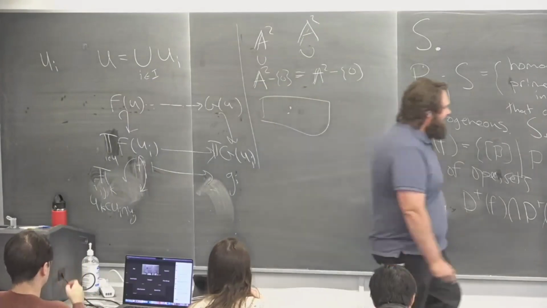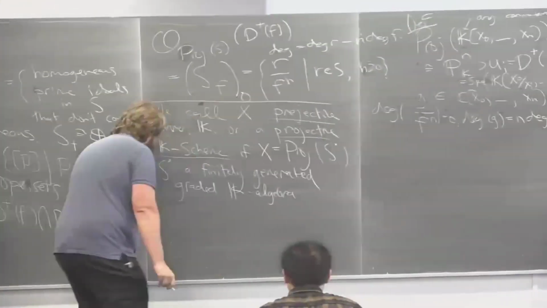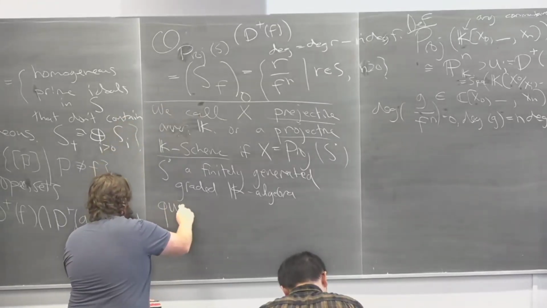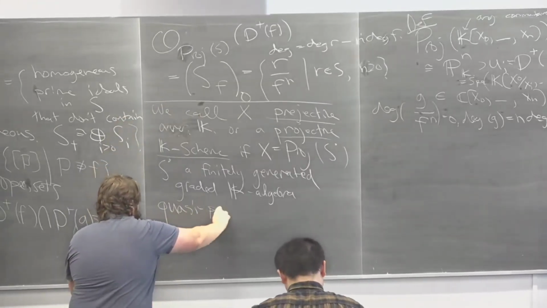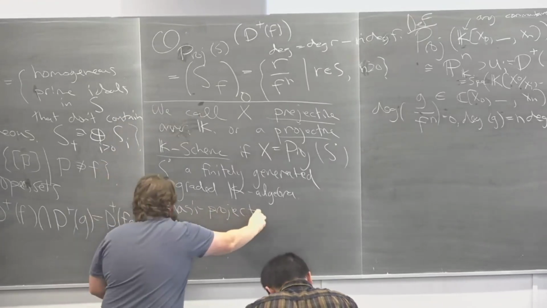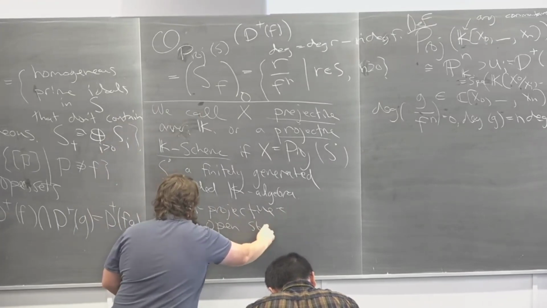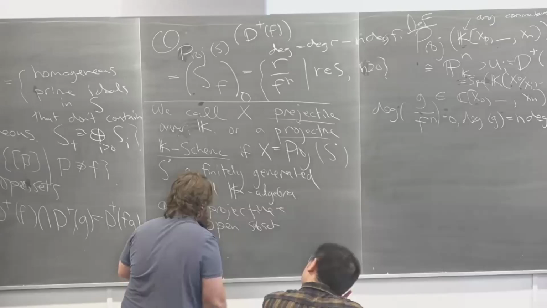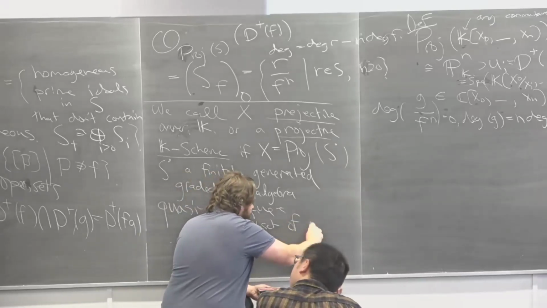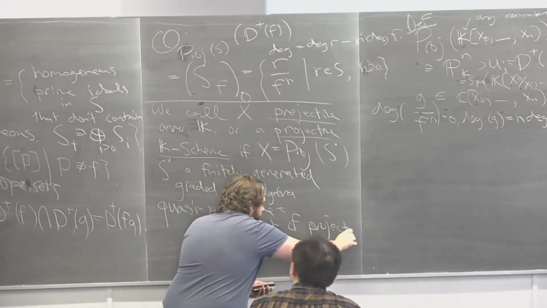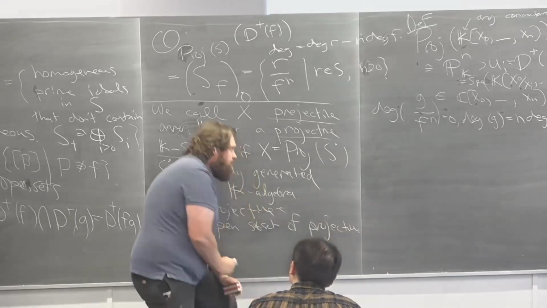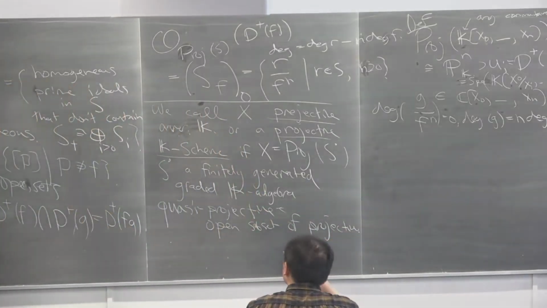Oh, sorry, Caleb. The projective K-scheme. We also will sometimes use the term quasi-projective to mean an open subset of a projective. So this just sometimes comes up that you want to consider open subsets of projectives that maybe aren't affine or aren't even an open subset of an affine.